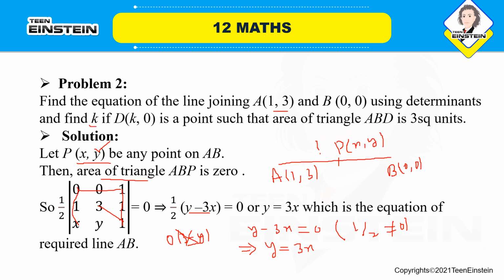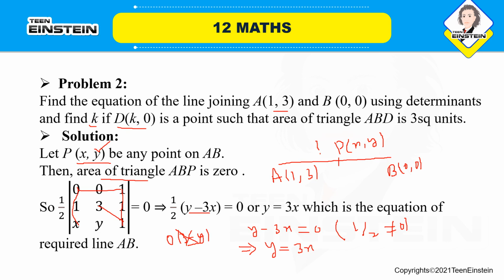Also, we have to find the value of k if D of k comma 0 is a point such that the area of the triangle ABD is 3 square units. So D is any other point. It is not lying on the line AB. Because the area of the triangle ABD is 3 square units, it's not 0.